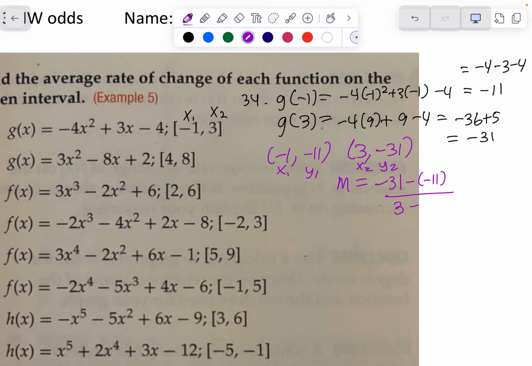Now the main important part about using the slope formula, these two should be a pair. 3 and -31 are. These two should be a pair, -1, -11. Okay, so that is going to be -31 plus 11. This one's going to be 3 plus 1, which is negative 20 over 4. The answer is negative 5.